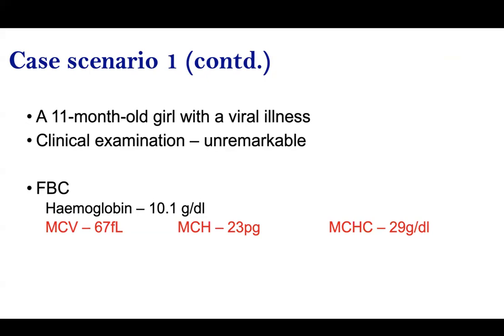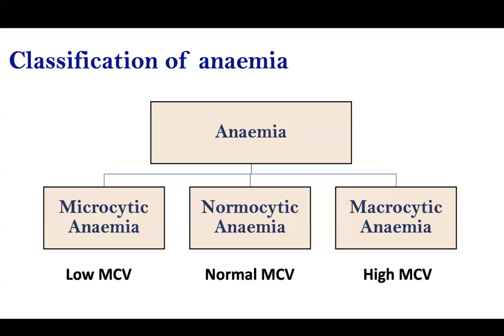So you can definitely narrow down your differential diagnosis for anemia based on the full blood count itself. There is no need for a blood picture. With this full blood count, you can diagnose there is microcytic anemia, and in fact, it's microcytic hypochromic because the MCH and MCHC are also low. This differentiation is extremely valuable in further management.